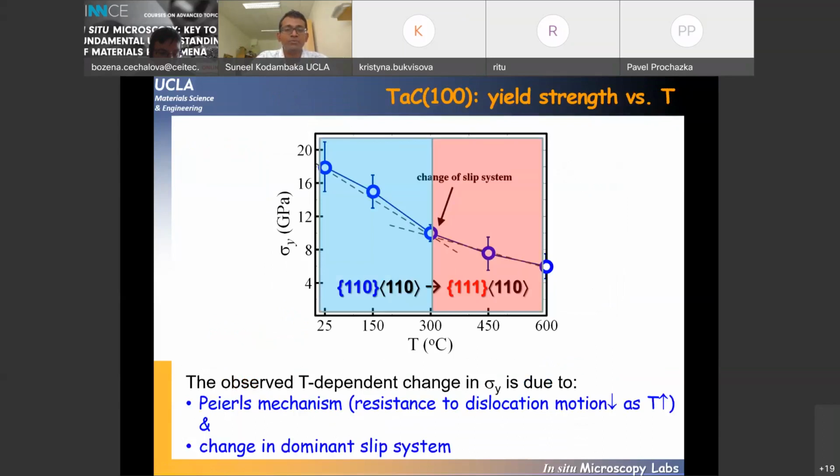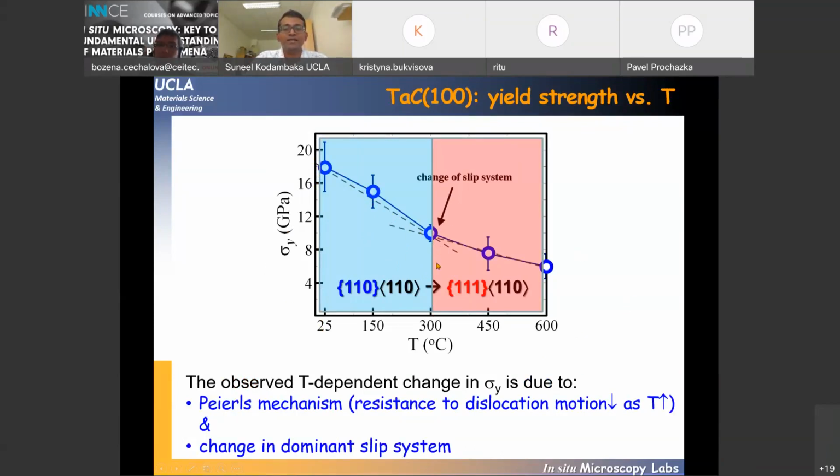And if you plot the data for these 100 oriented pillars compressed at different temperatures, you see a monotonic decrease in the yield strength with temperature. And if you read a little into this data, you see that there seems to be a change in the slope of the curves right around 300 degrees C or so.